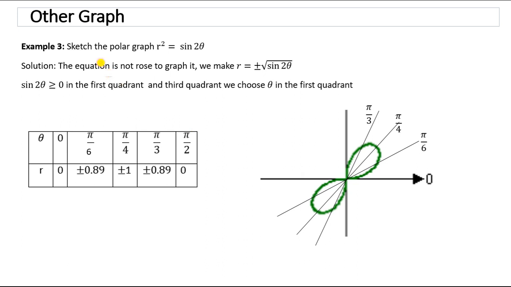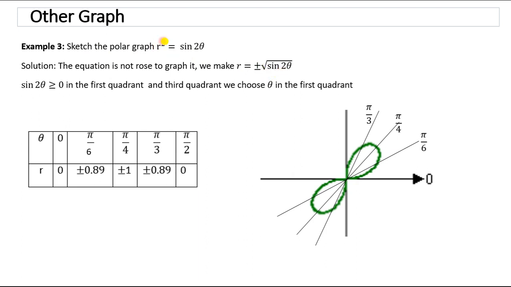Other graph: sketch the polar graph r squared equals sine 2 theta. In this graph, there is r squared. To sketch this graph, you must make r equal plus or minus the square root of sine 2 theta.